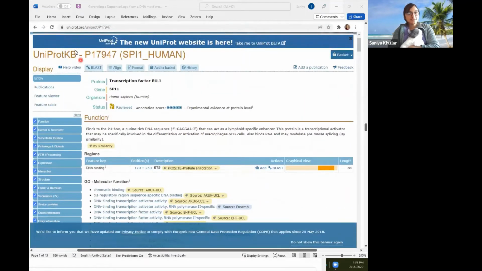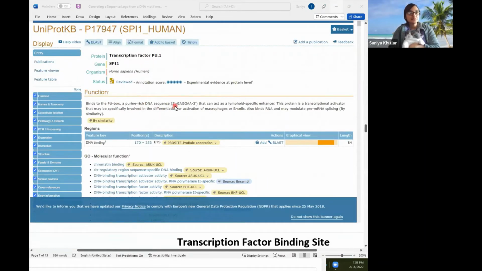SPI1, if you look at UniProtKB, and I have other videos talking more about this, binds to this PU box, a purine-rich DNA sequence, 5' to 3', so DNA is read in the 5' to 3' direction, GAGGAA, that can act as a lymphoid-specific enhancer. This protein is a transcriptional activator that may be specifically involved in the differentiation or activation of macrophages or B cells. Those are immune cells, and it also binds RNA and may modulate pre-mRNA splicing by similarity.